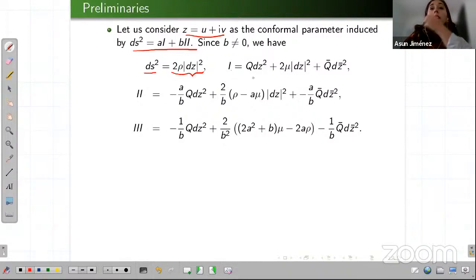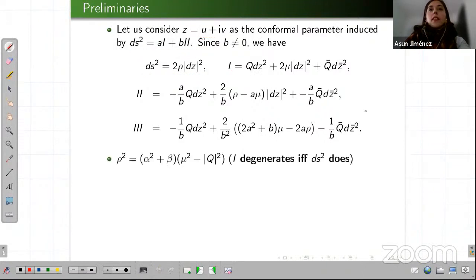Okay, Q here is the Hopf differential. It is a holomorphic function. And an important fact is that the determinant of the first fundamental form is a constant times the determinant of this metric ds squared. So this metric identifies the degeneration points of your surface.